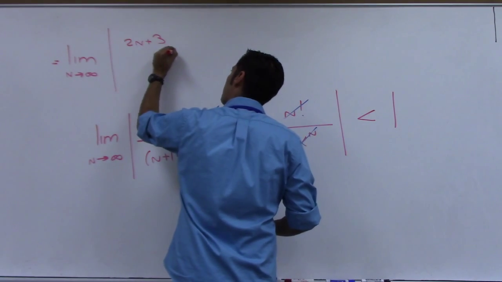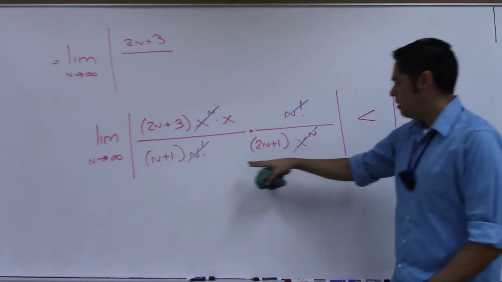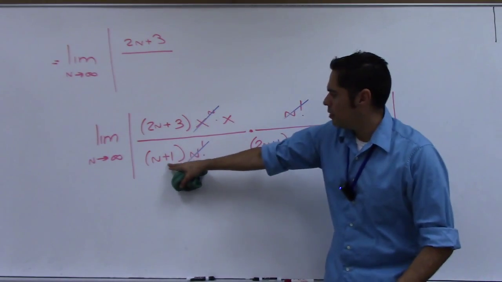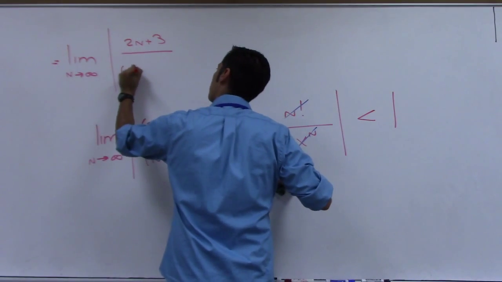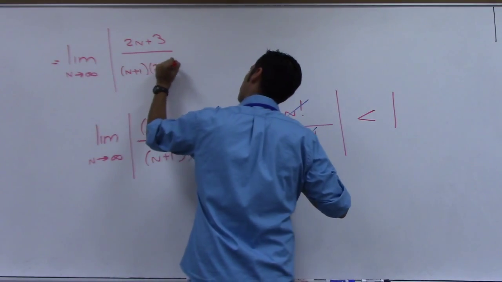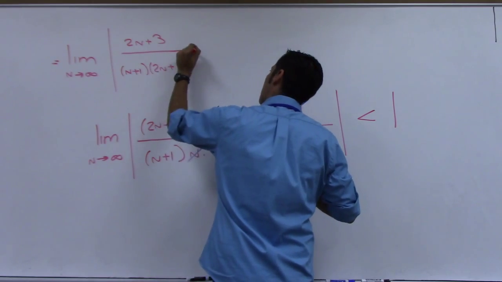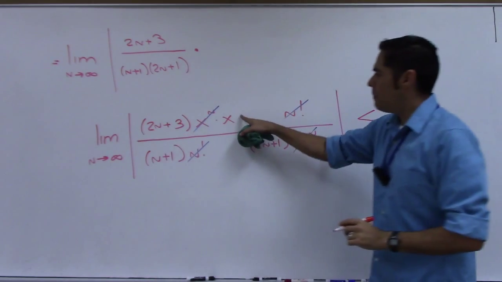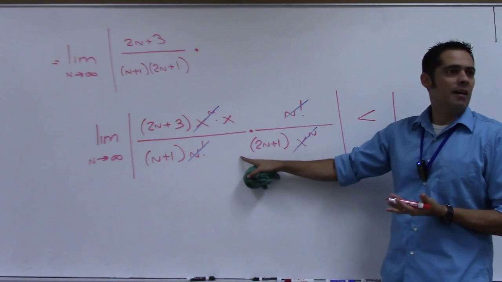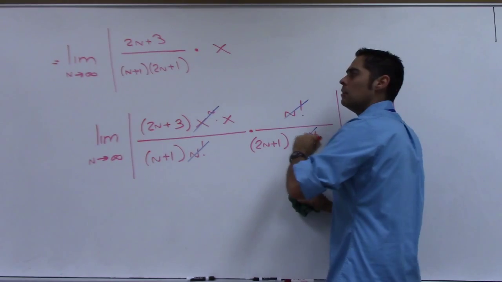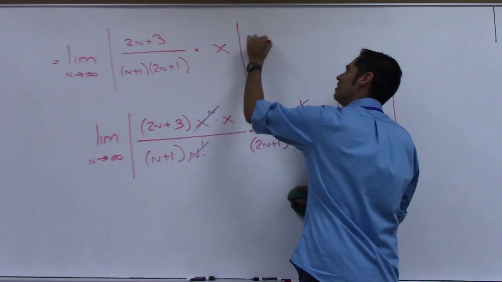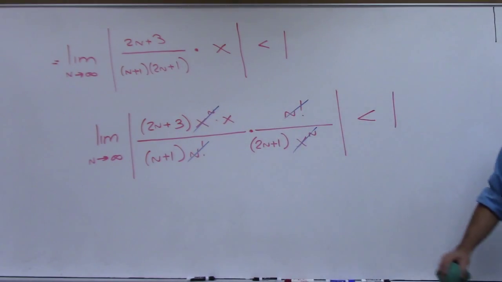And then on the bottom, in terms of n, I have n plus 1 and 2n plus 1, don't I? And then separated from that, on the top I have x, and on the bottom I don't have any x's, right? So is it fair for me to just put x out here like that? That's the same as x over 1, right? We good now?